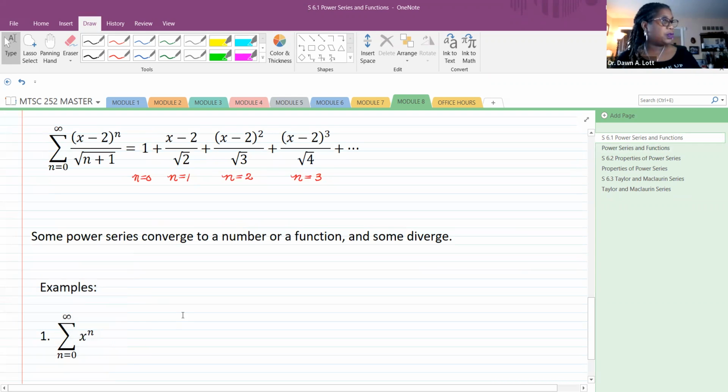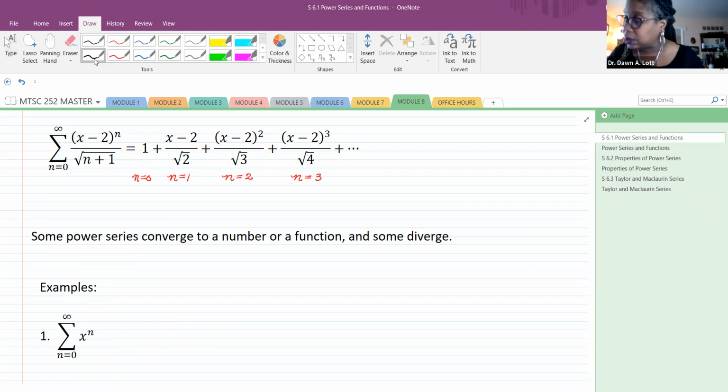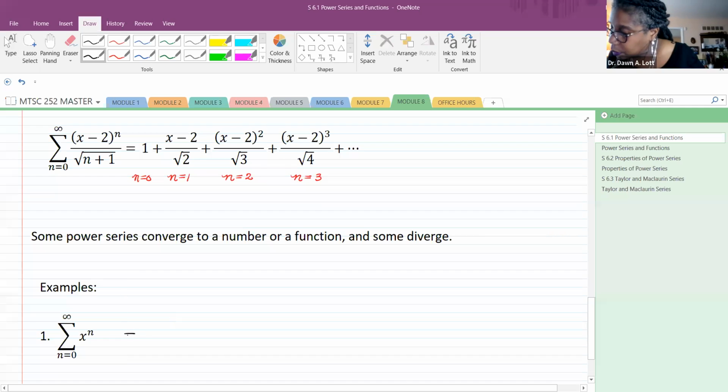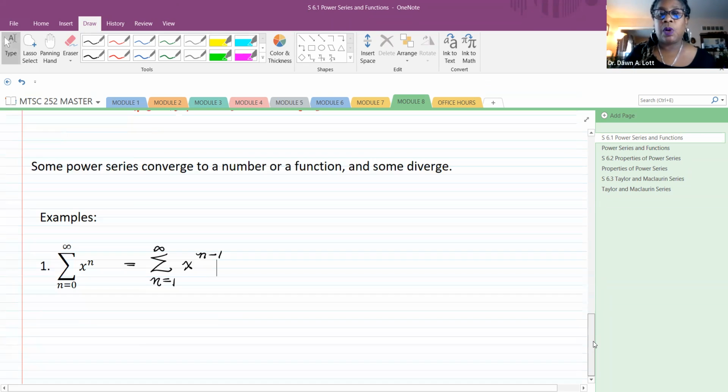The first one, we looked at this a minute ago: the sum n equals 0 to infinity of x to the n. I can rewrite this conveniently as the sum n equals 1 to infinity of x to the n minus 1. It is the same series, but now in a different form. Can anybody tell me what type of series that is?